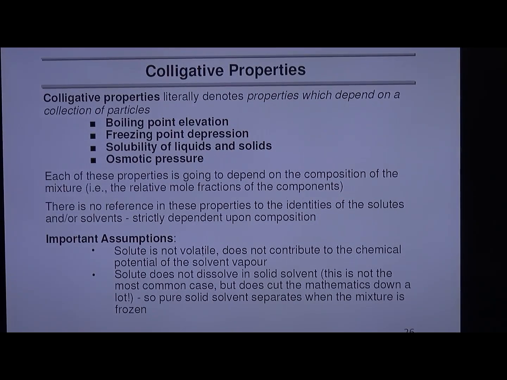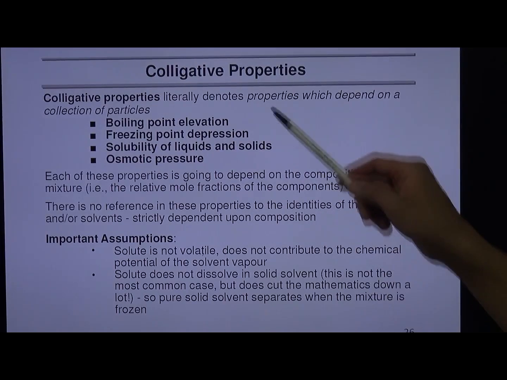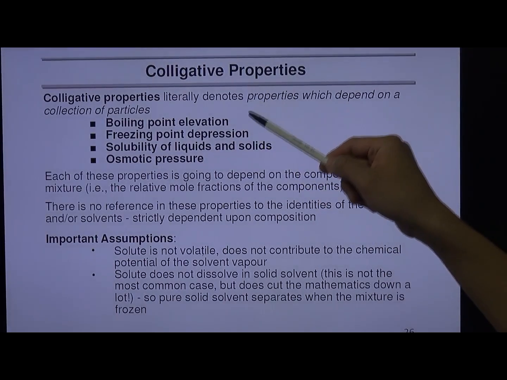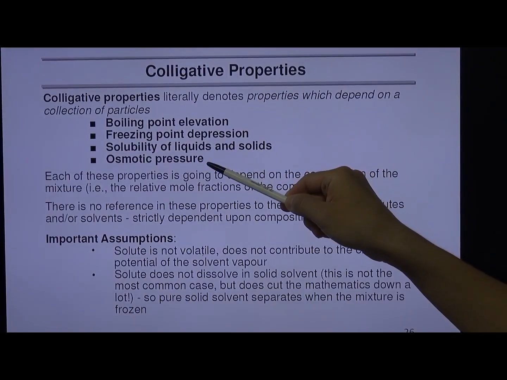Okay? Only how much material, especially how much solute, is present in the solution. It does not depend on the kinds of materials. Okay? So examples of colligative properties are boiling point elevation, freezing point depression, and osmotic pressure.